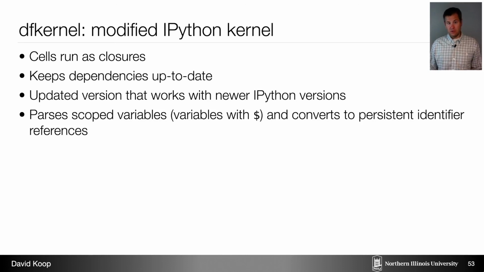The cells run as closures, so if you define variables inside of a cell, only those that are flagged as outputs will be accessible from other cells. It keeps the dependencies up to date. When you run a cell and a dependency is out of date, it makes sure to rerun those other cells as well. This is an updated version that works with newer IPython versions, and it does some work parsing the scoped variables, those variables with the $ sign, to convert between the different identifier references.